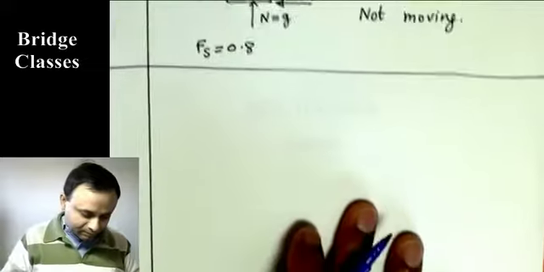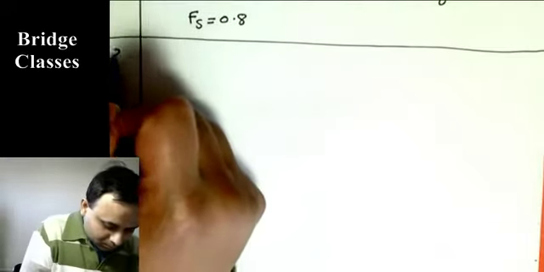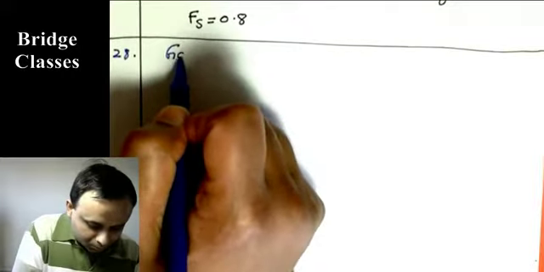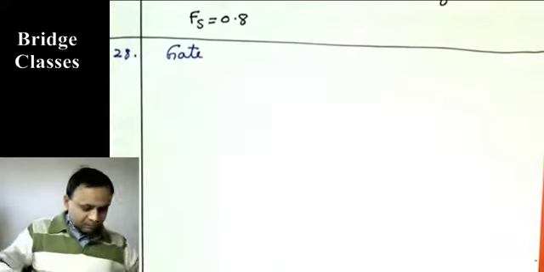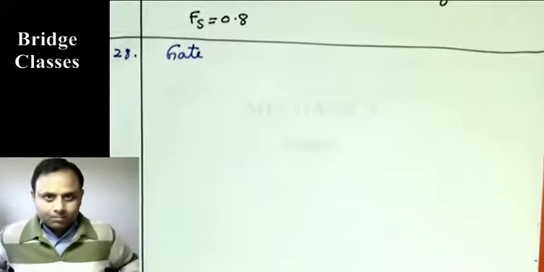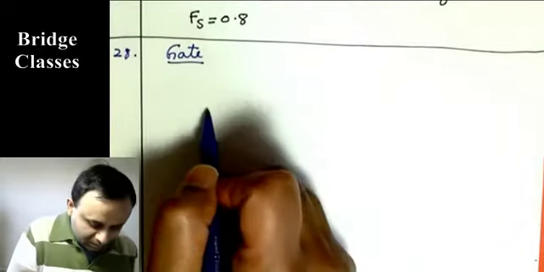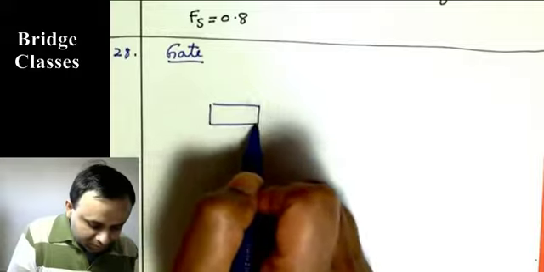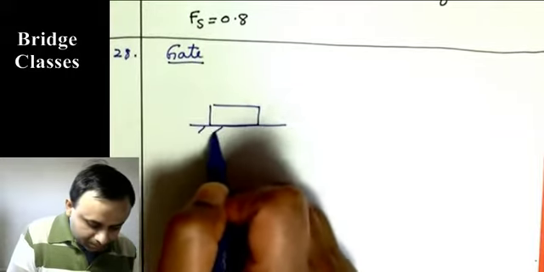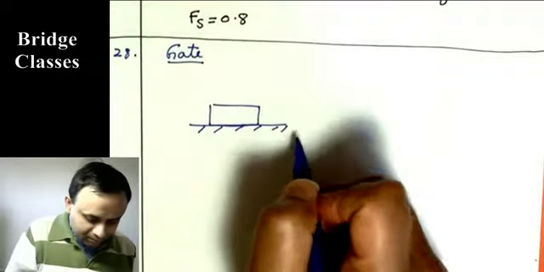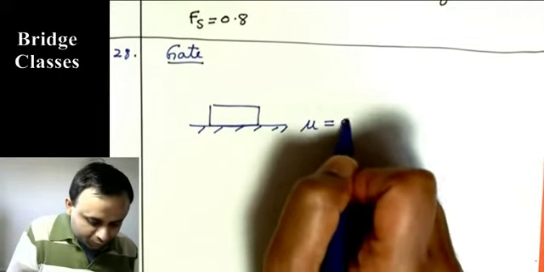Okay, let us do another one. This is also a GATE problem. There is a body resting on a surface, and we are given the coefficient of friction, mu is 0.2.